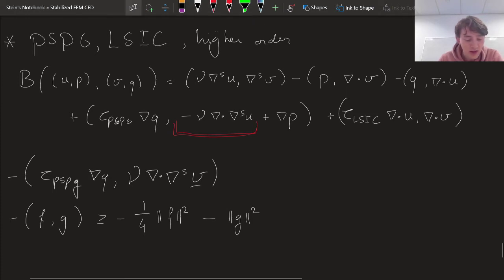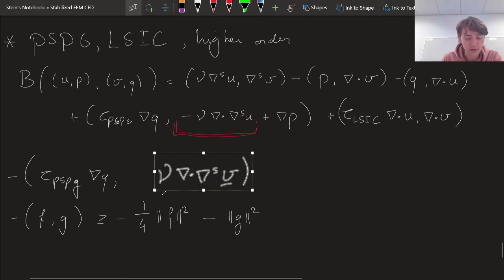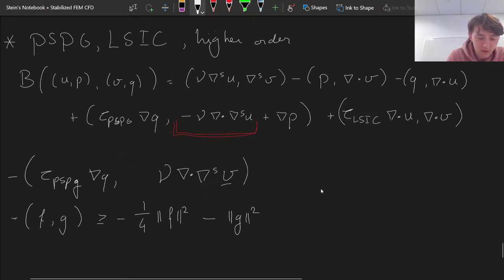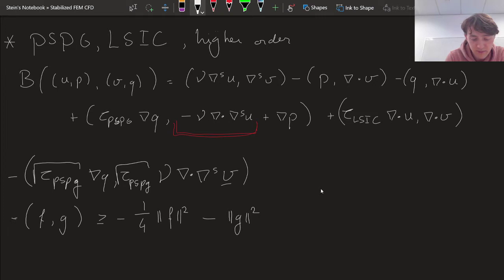Now additionally, I'm going to distribute my tau PSPG in such a way that I have a square root on both sides. So I get square root of tau PSPG here and square root of tau PSPG here.